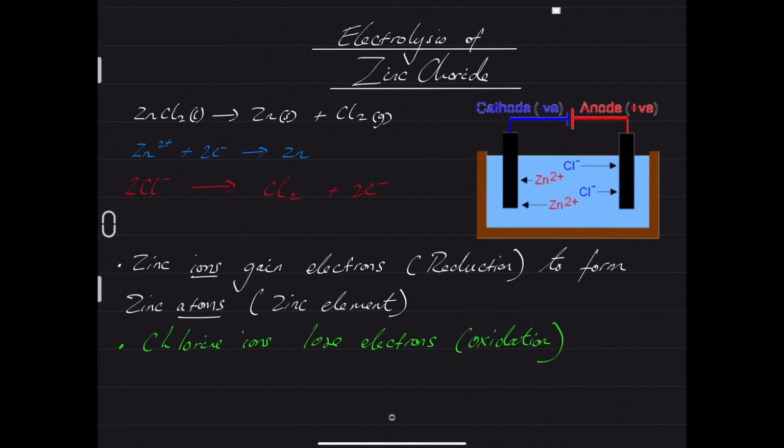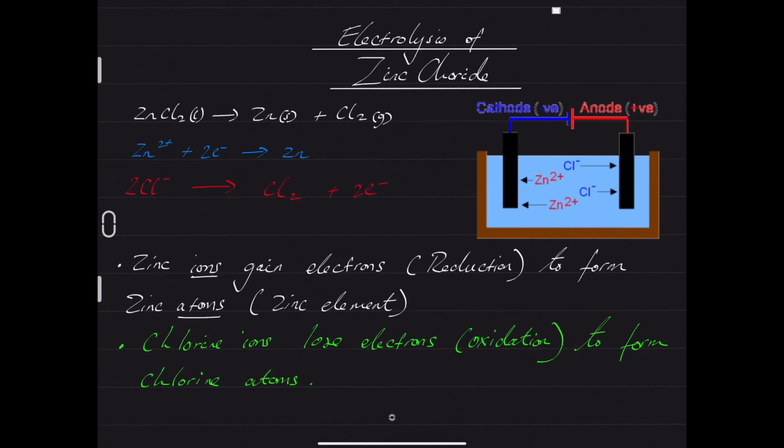So oxidation has occurred. So chlorine ions lose electrons to form chlorine atoms. And specifically, we have to go a bit further here. We say the chlorine atoms combine to form molecules of chlorine gas.